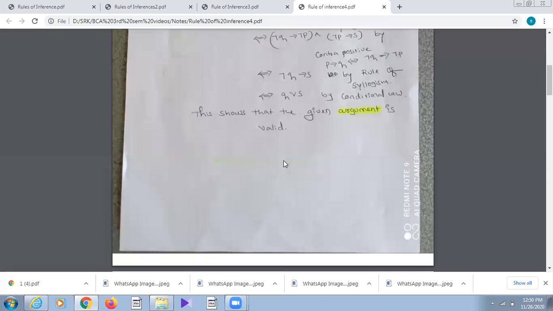In the whole DMS syllabus, only rule of inference and laws of logic are difficult problems, and all the remaining will be easy. Here, the main thing is which rules or laws have to be applied, so every student gets confused about that.